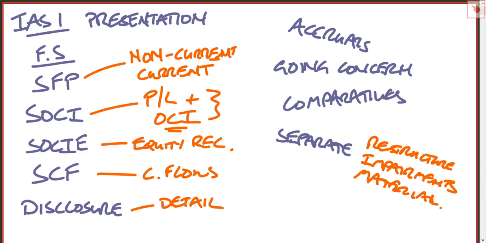So look, the key thing on this is knowing the basics of what's included, but then knowing these key concepts: accruals, going concern, comparatives, separate disclosures for certain items.